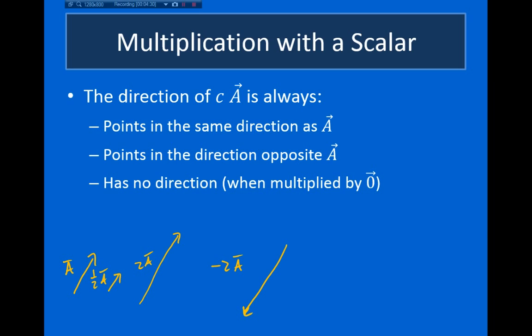Well, this thing has magnitude, it's 0, but it doesn't really have direction anymore. So a times 0, or 0 times a, that's just this zero vector. We put a little arrow above the number 0 to represent that this is a vector. Okay, so it does have components, it's just that both of the components are 0.